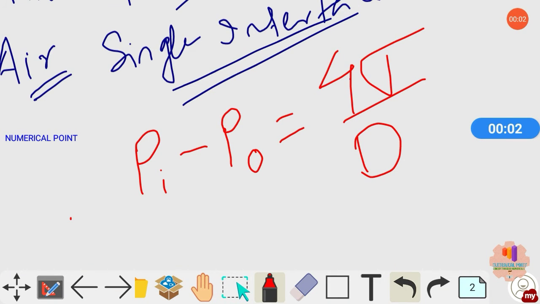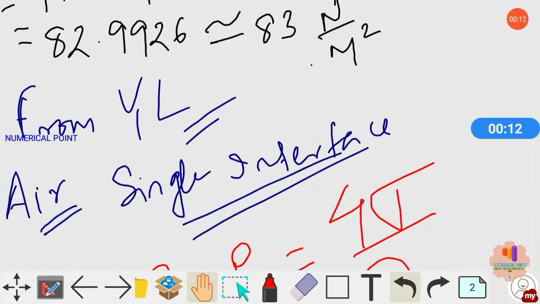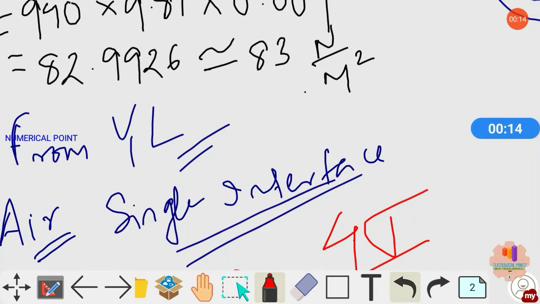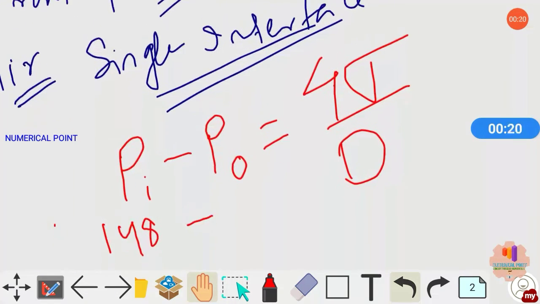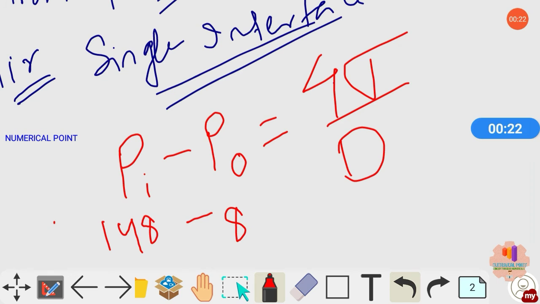So we know Pi, Pi is 148 Newton per meter square. We have found out Po, that is 83 Newton per meter square. So Pi minus Po, that is 148 minus 83, will be 4 times surface tension, sigma, by d.